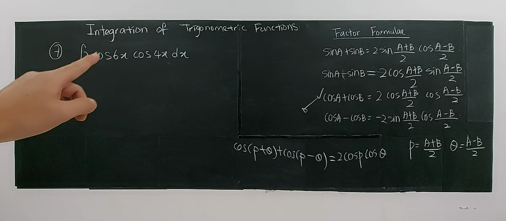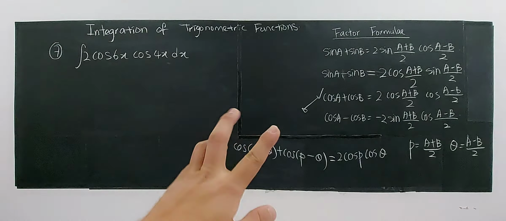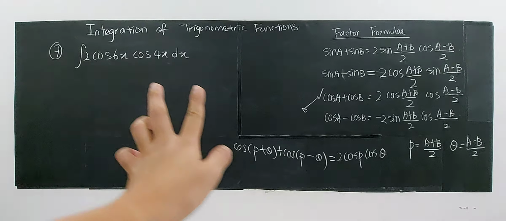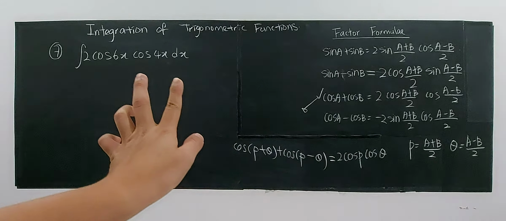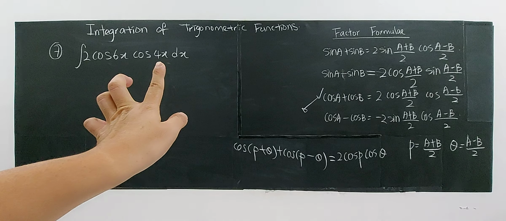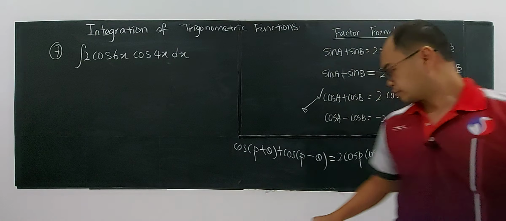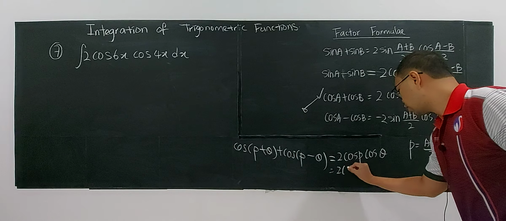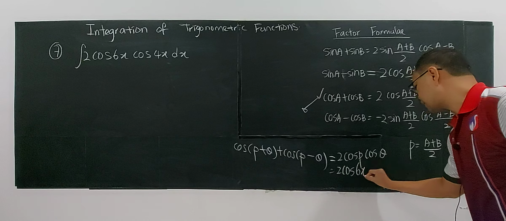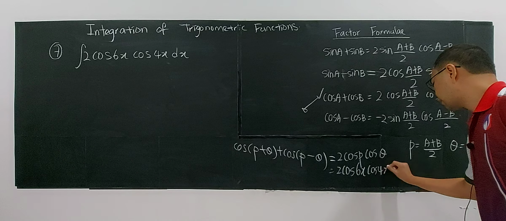So here I have 2 cos 6 cos 4. Definitely you see, I can directly transfer this to here, right? Whereas the P is 6 and the Q is 4. So means that I know that 2 cos, my P is 6x, my Q is 4x. This is product form.